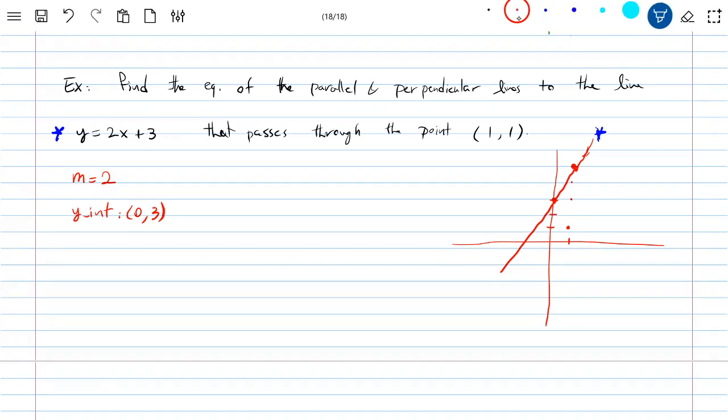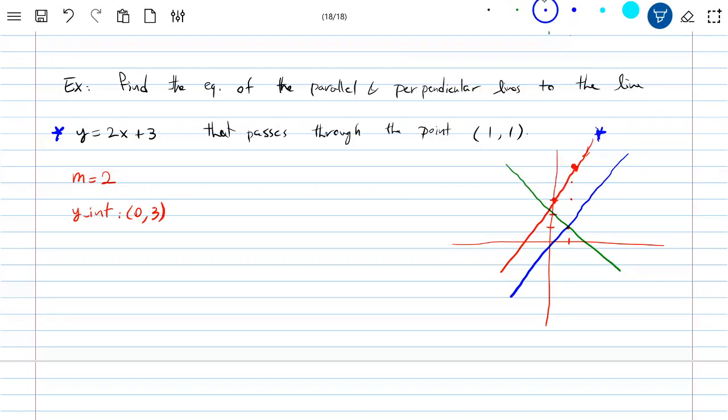One is to figure out the equation of the parallel line that passes through there. As well as the equation of the perpendicular line that passes through here. I want to find out this line as well. So let's try to find out.